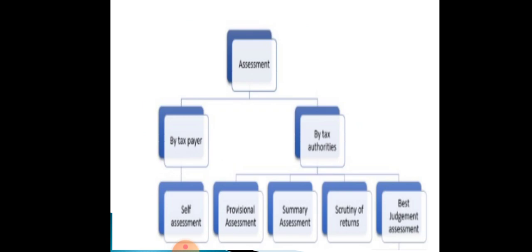Assessment is of two types: by the taxpayer or by the tax authority. By the taxpayer is one type: self-assessment. By tax authorities, these are provisional assessment, summary assessment, scrutiny of returns, and best judgment assessment.